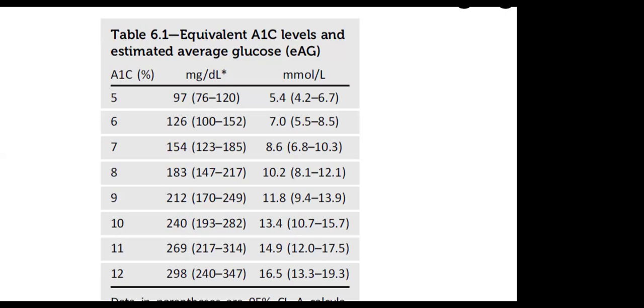So these are just estimates of A1C in terms of percentage, and then the corresponding values of glucose levels. So 5 is usually around 5.4 millimoles with a confidence interval between 4.2 to 6.7.